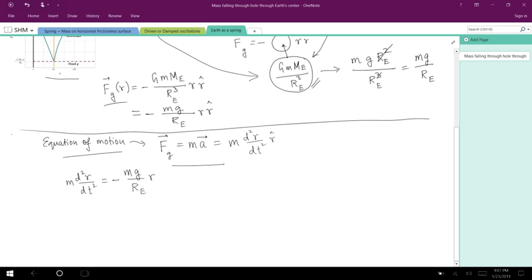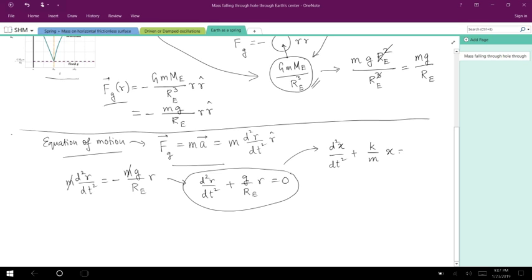All right, clearly the mass little m falls off from both sides of the equation, and we get d2r/dt2 plus g over R_e times r is equal to 0. So this is again a second order differential equation. It looks exactly like our spring mass system differential equation, which was of the form d2x/dt2 plus k over m x equals 0. So this k over m is the same as this g over R_e over here.